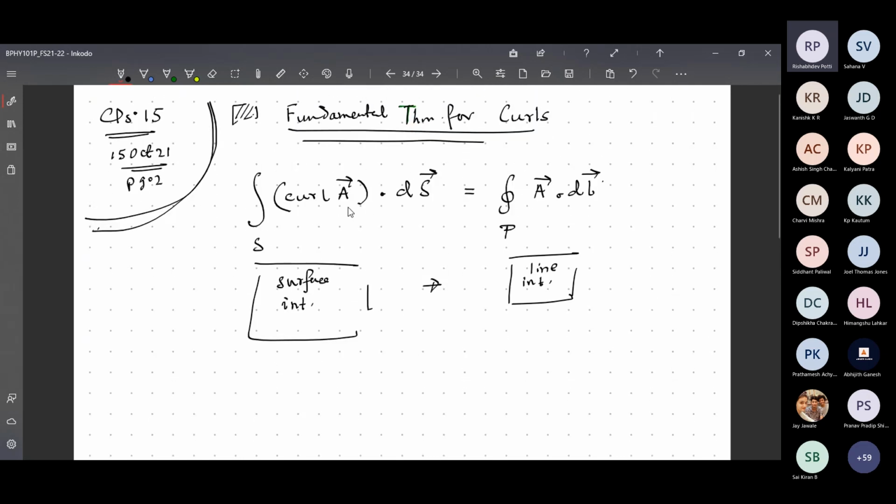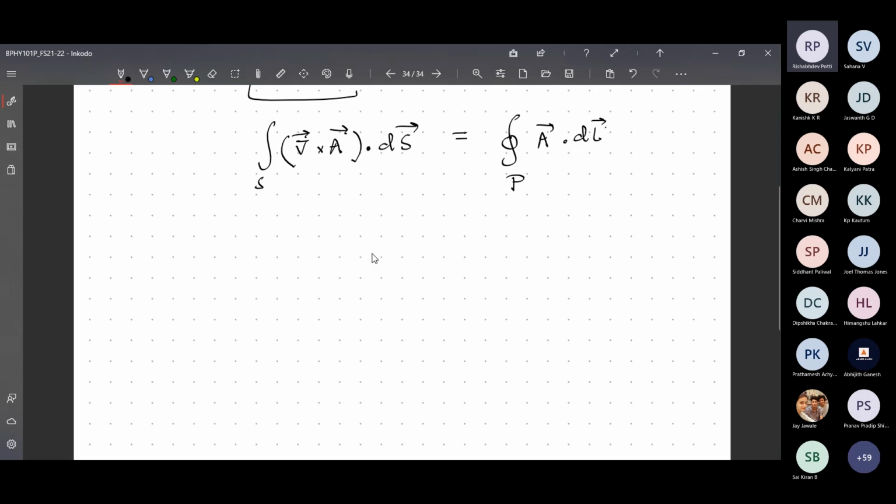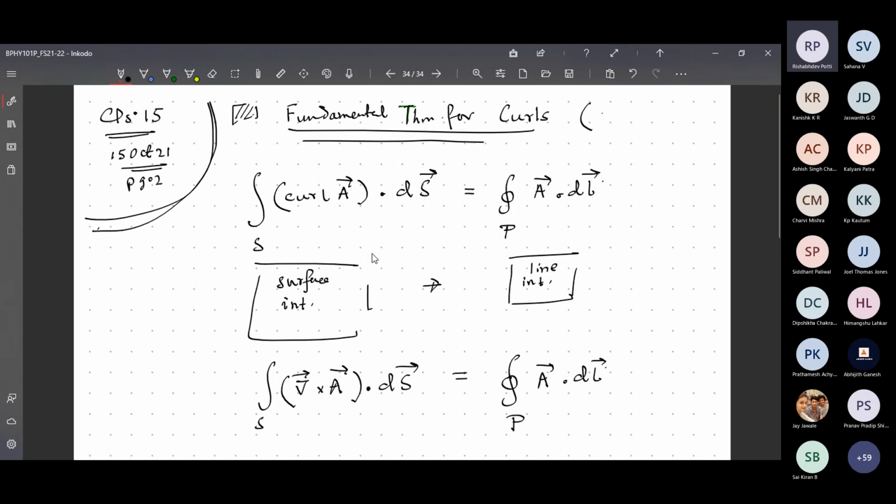If you want to write it in another notation with more symbols, you can write this version also, using the nabla: del cross A dot ds is equal to the line integral, not small p, sorry, it is a capital P. Now here, what is the meaning of this thing? I will again write it in the same way. By the way, I forgot to write qualitative.